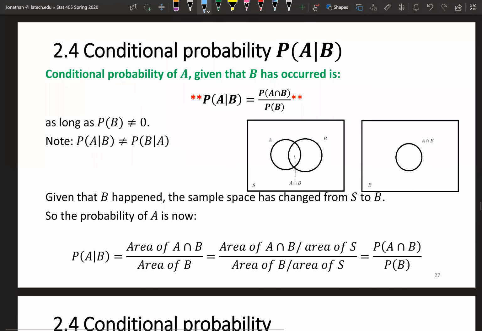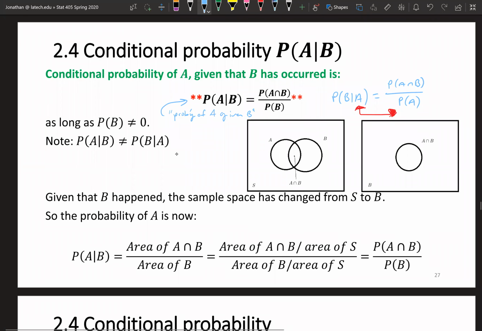You could write on the side, it's pretty much the same if you do probability of B given A: probability of A intersect B divided by probability of A. So whatever's on the right of the straight bar is what you stick in the denominator, and then you take the intersection in the numerator. We read this as probability of A given B.